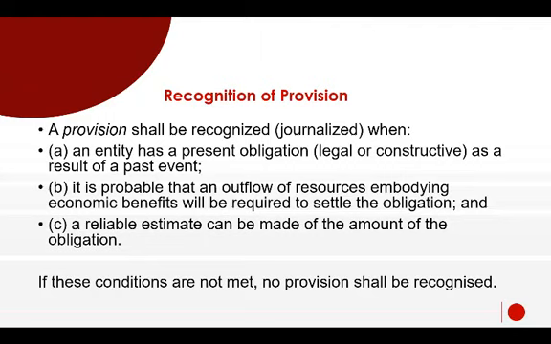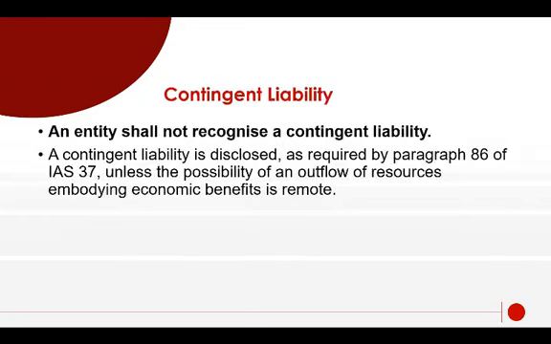Now, if these conditions are not met, no provision shall be recognized. Contingent liability should not be recognized, but rather it should be seen as a disclosure. Unless the possibility of outflow is remote, then you don't even need to disclose it, meaning you can ignore it.